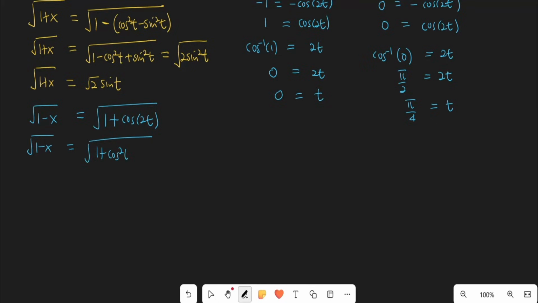From the double angle identity, cosine square of t minus the sine square of t, this is equal to the square root of 1 minus the sine square of t, which from the Pythagorean identities is the cosine square of t, plus the cosine square of t. So that is just 2 times the cosine square of t. And the square root of 1 minus x can be replaced with the square root of 2 times the cosine of t.